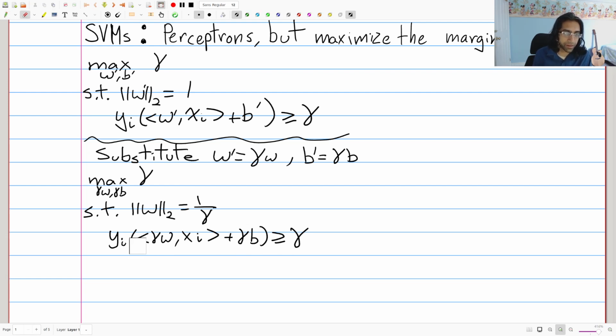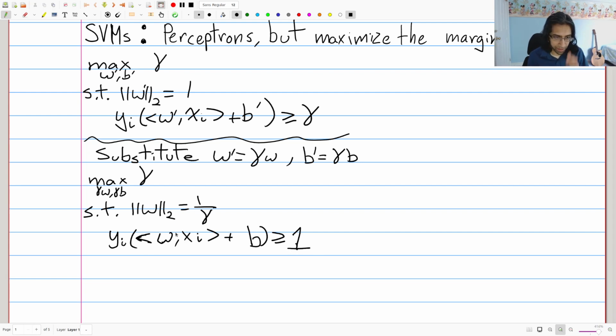If we do this rescaling by gamma, then we have in fact gotten rid of gamma almost everywhere, and we've just replaced it with 1 here.